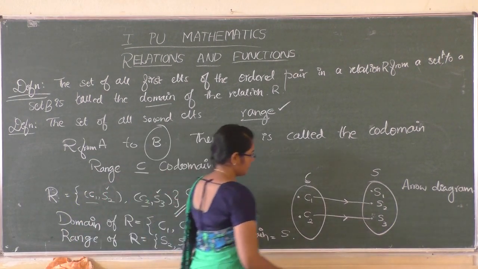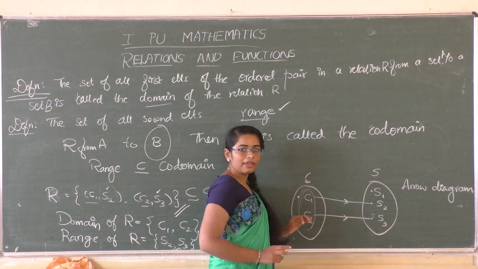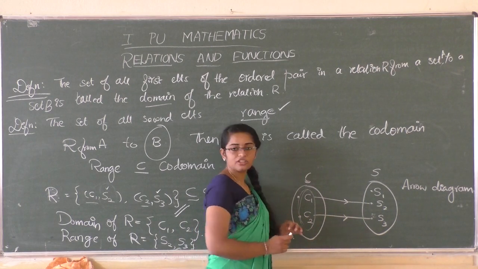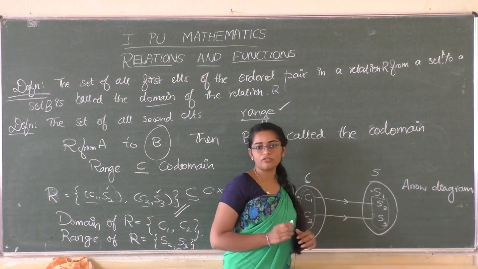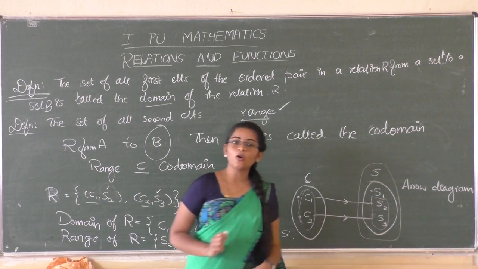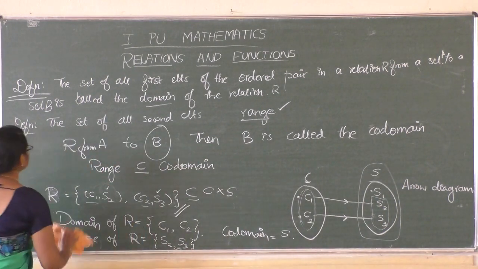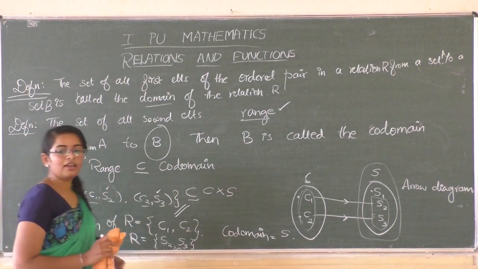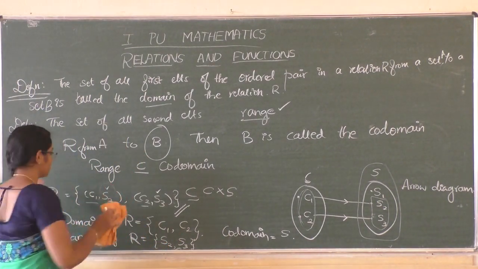These two are the domain of the relation R, these two come in the range of R, and the whole set S is the codomain. Okay? Now, let's move on to some examples.